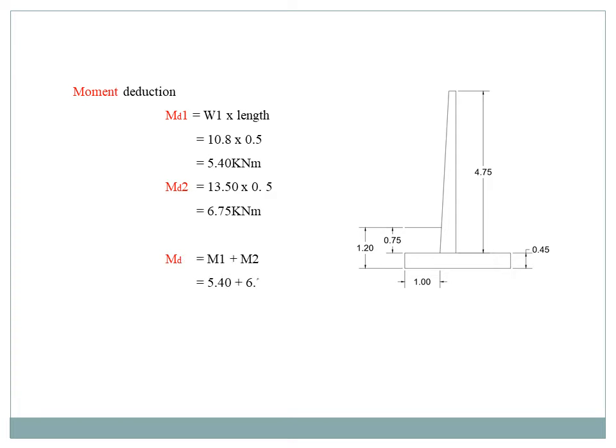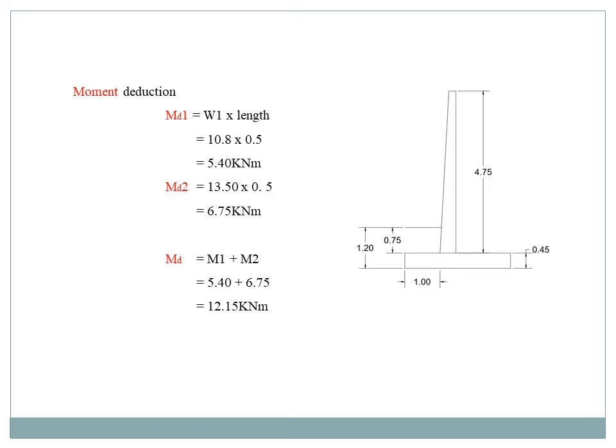Then next, find out the moment deductions. So MD1 is equal to W1 into length, we know that, simple. Moment formula is what, load into distance. We know the load, so W1 is equal to 10.8 into 0.5. So length is what, this is our rectangular portion, so we need to divide by 2, so 1 by 2 is equal to 0.5 meter. So 10.8 into 0.5 is equal to 5.40 kilonewton meter.